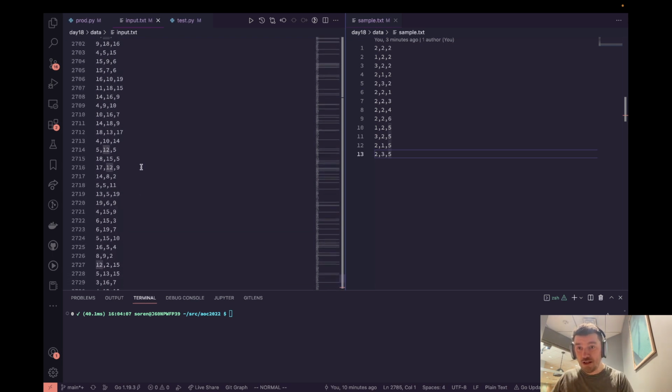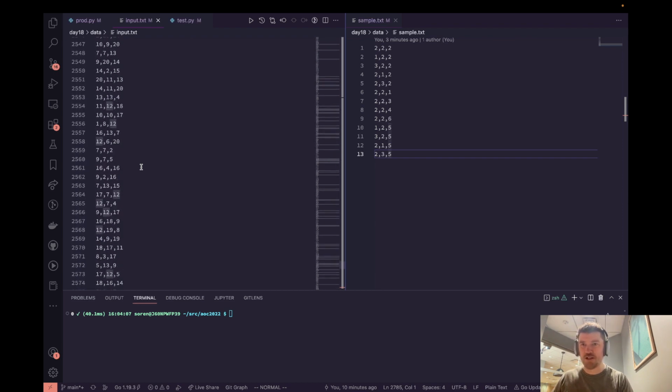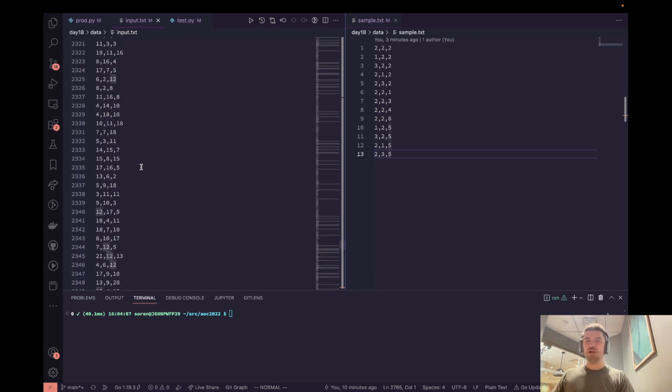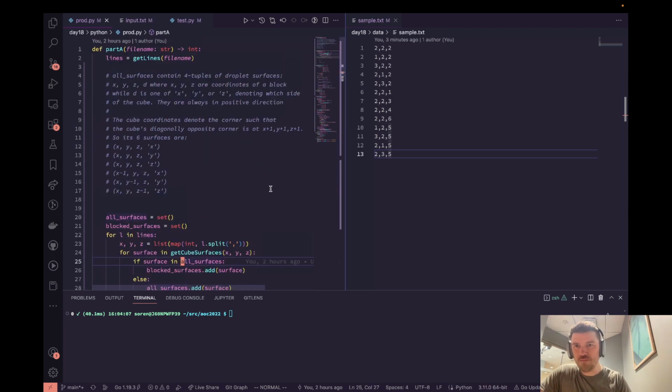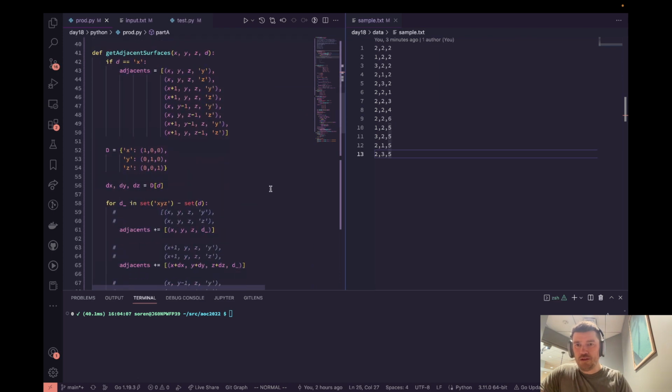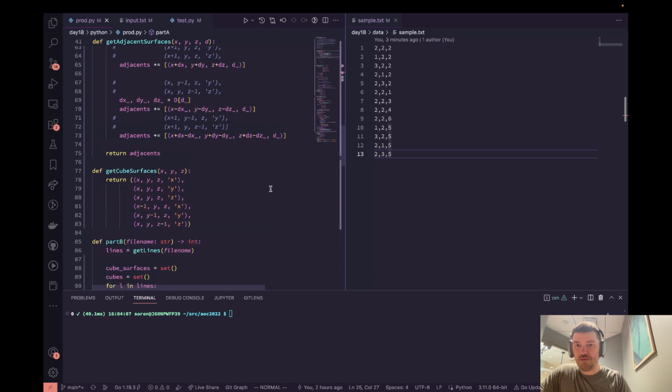I think those are the highest coordinates we see, thereabouts, 20, 21 or so. I'm not exactly sure. But 20 by 20 by 20, that's only 8,000 cubes, which is perfectly reasonable to go through. So, adjacent surface.